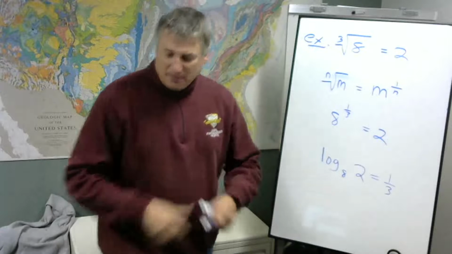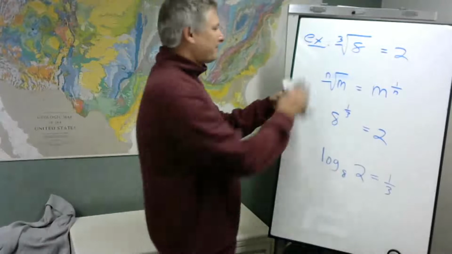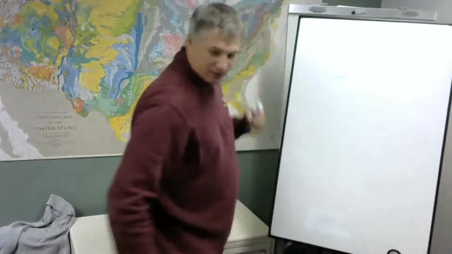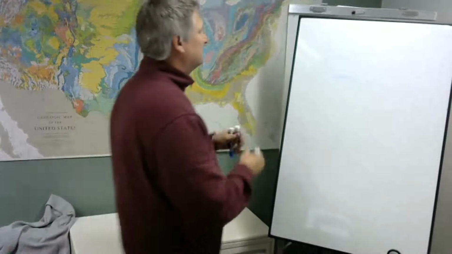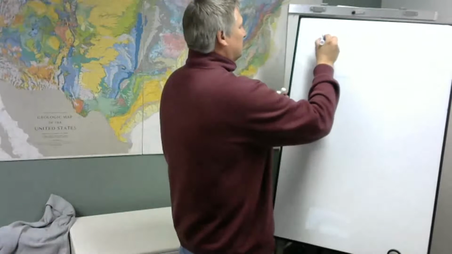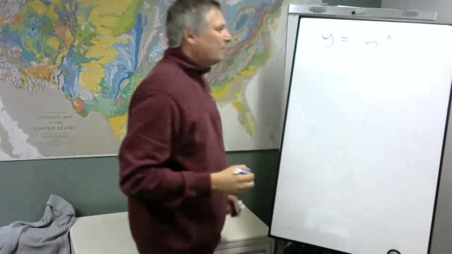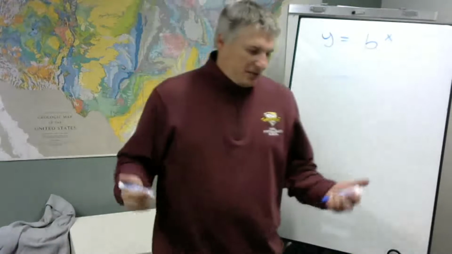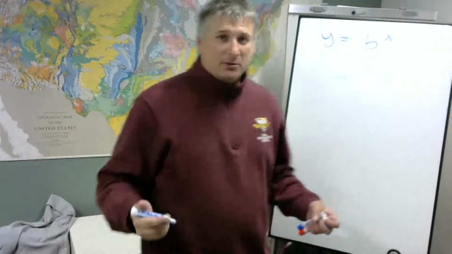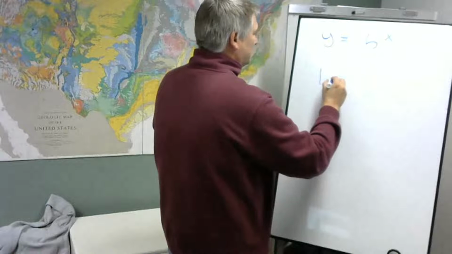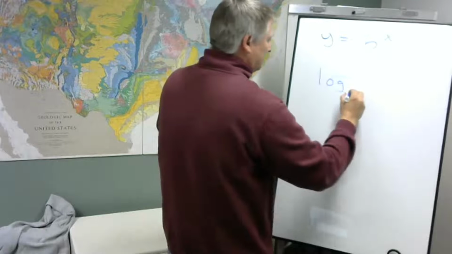Now, I said something there you might have picked up on. Let's say we have this: y equals b to the x. So let's put together the equivalent logarithmic expression. Well, that means log of the same base.